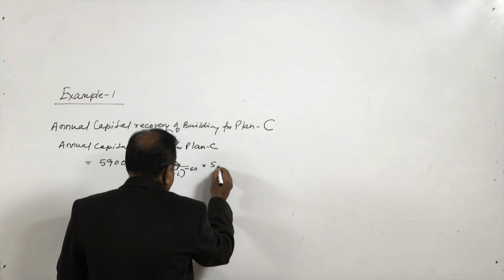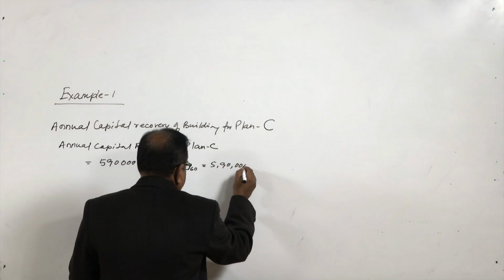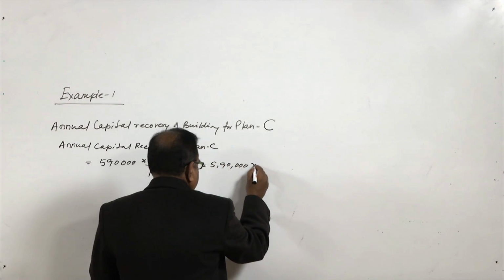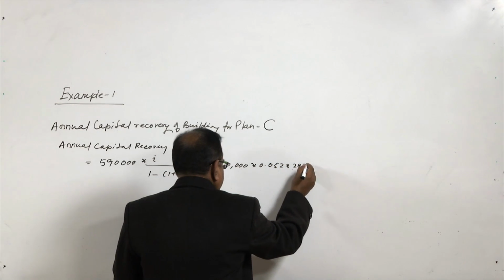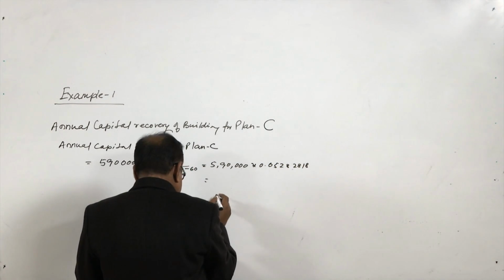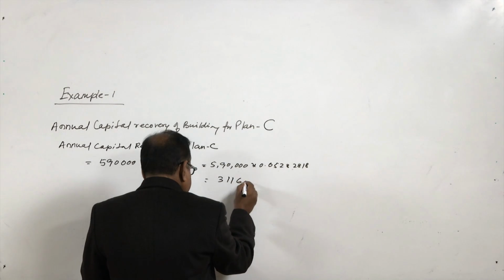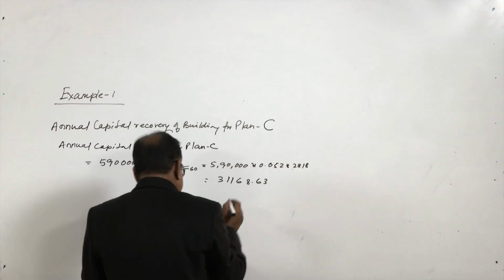This is 590,000 into 0.05282818, which comes out to be 31168.63.